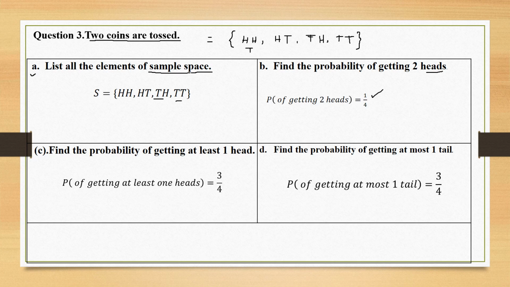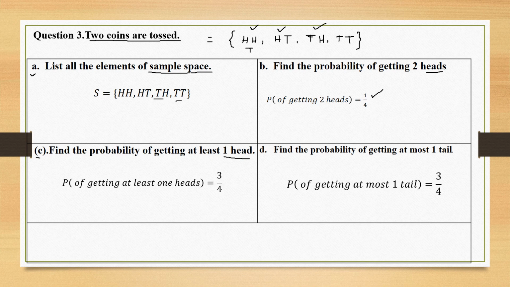Okay, dear student. Now part C is, find the probability of getting at least one head. At least one head: if we have one head, okay. If we have more than one head, it's also okay, but we should have at least one head. So here we have head, here we have head, and here we have head.